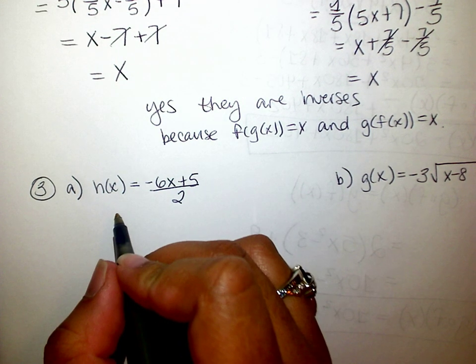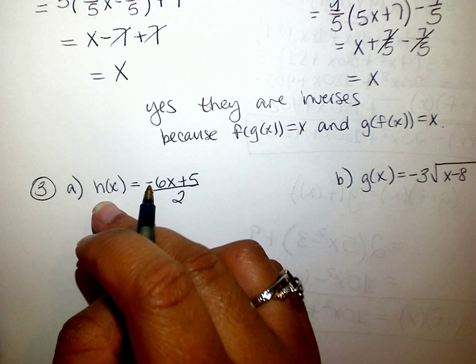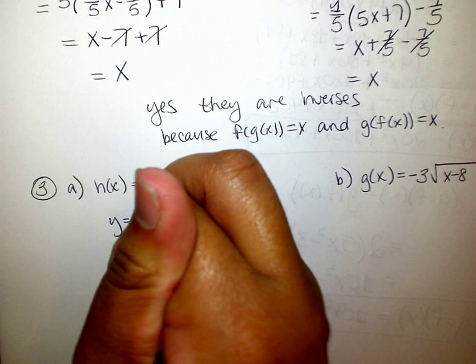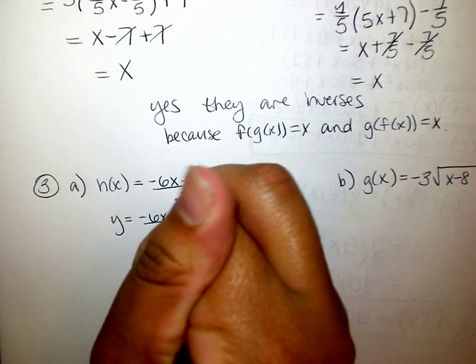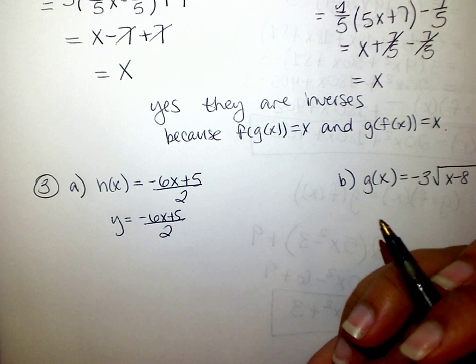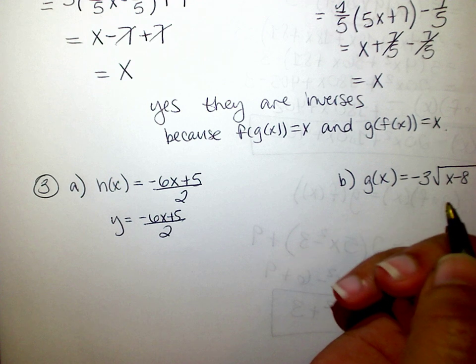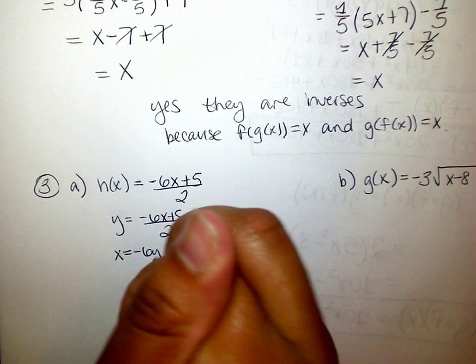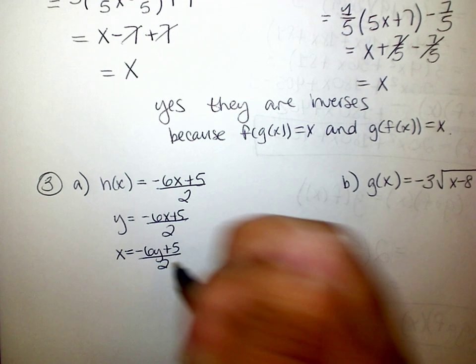Alright, so step 1, we're going to change h of x to y. So y equals negative 6x plus 5 over 2. Next step, we are going to switch x and y. So x equals negative 6y plus 5 over 2.